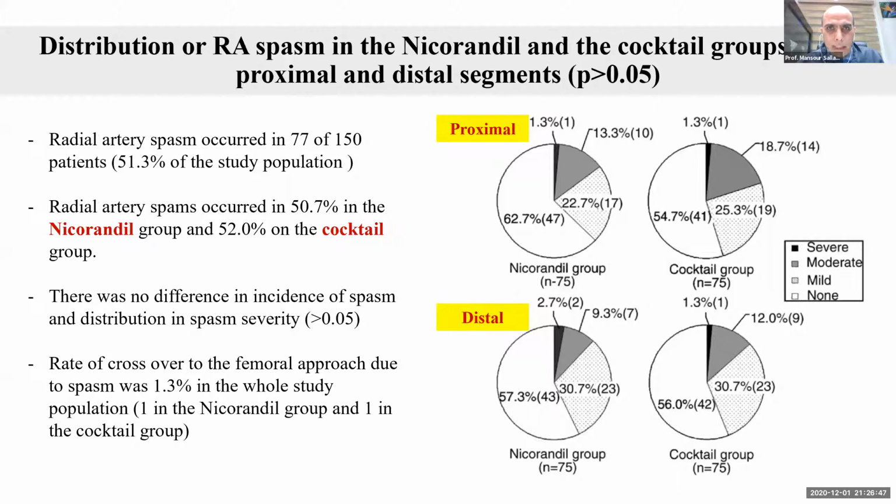Inferior STEMI because I don't expect any conduction disturbances, so I don't use verapamil at all, even if the heart rate is fine, even if blood pressure is fine. And even with anterior ST-segment elevation myocardial infarction, I do expect a larger area of infarction, so I also don't give verapamil, scared from any stunned myocardium and further hypotension.